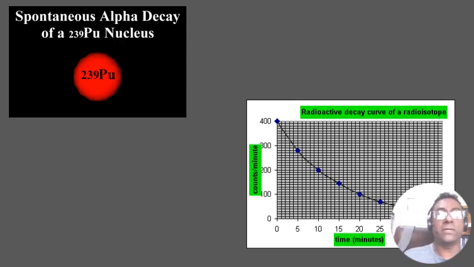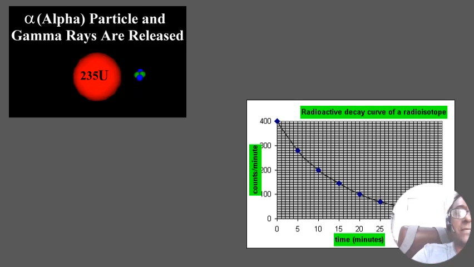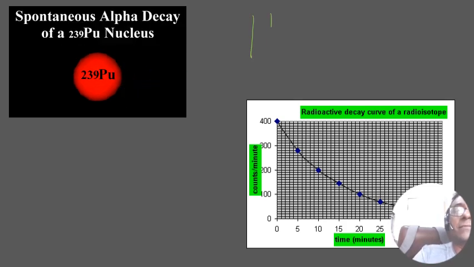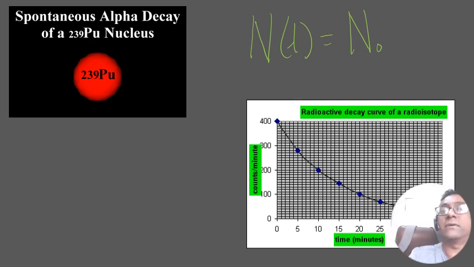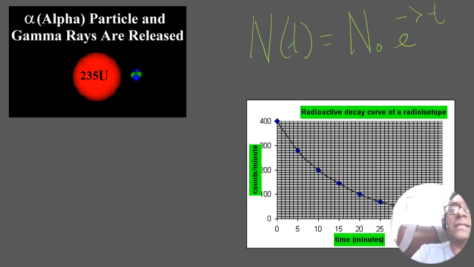One could actually write down the number of particles at any given time. It's a function of time. It depends on the initial number that you had, which could be in terms of mass, and it goes like e to the minus lambda t, where lambda is a decay constant.